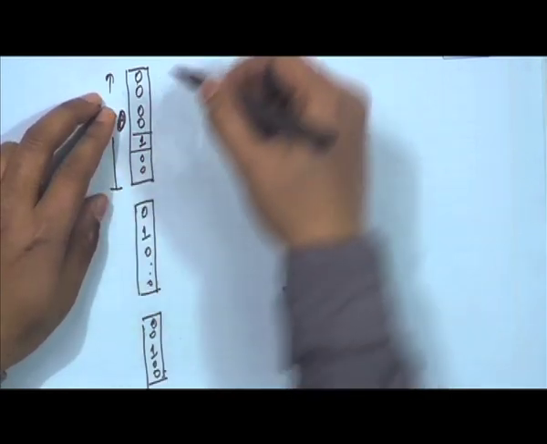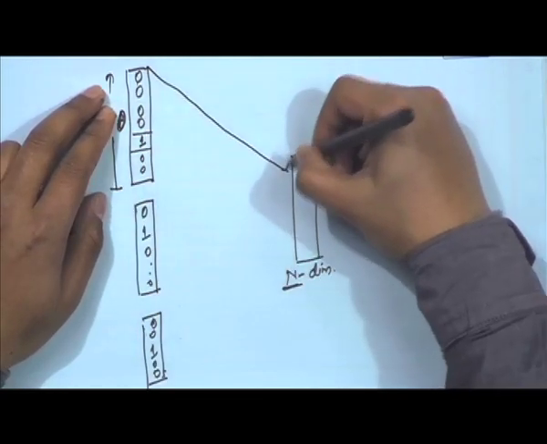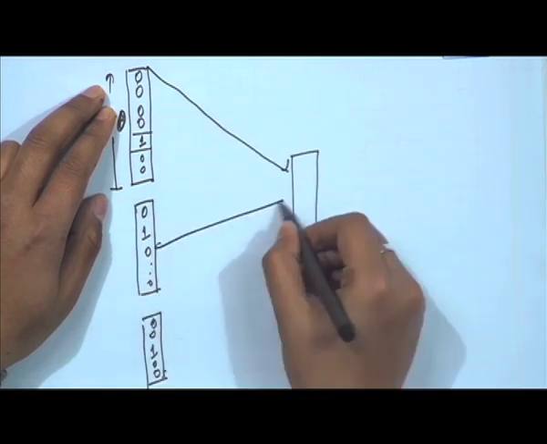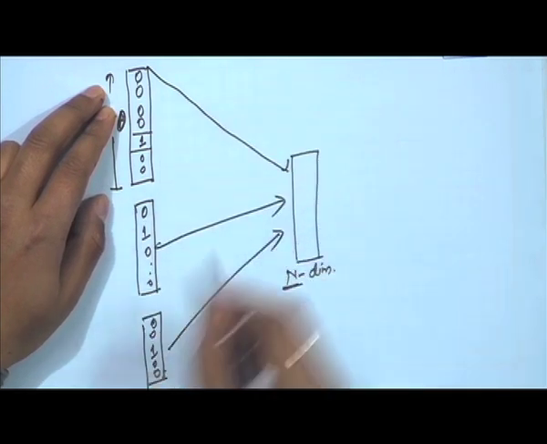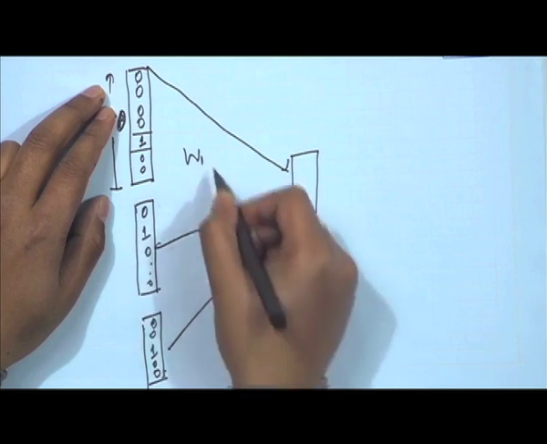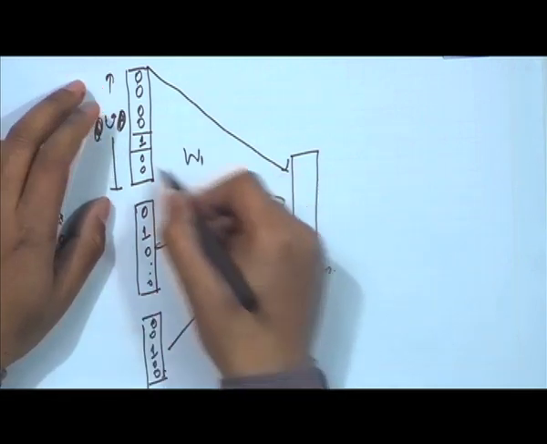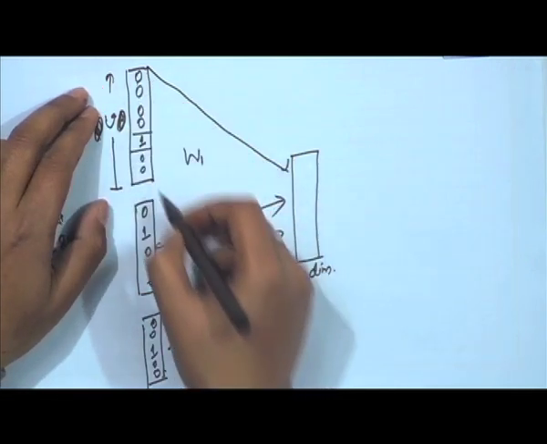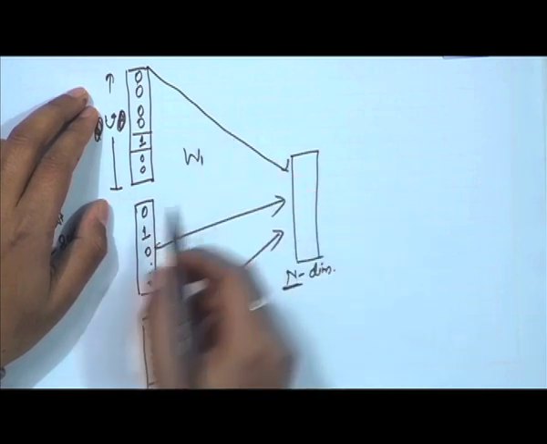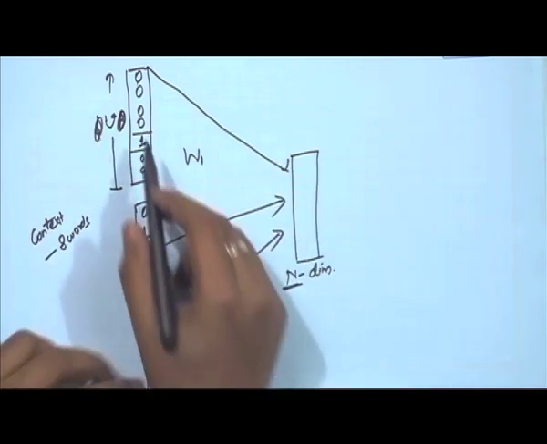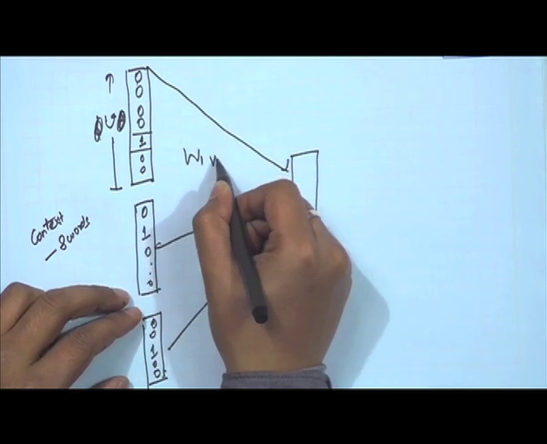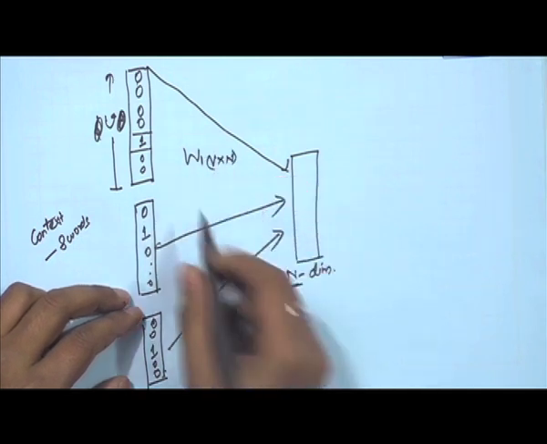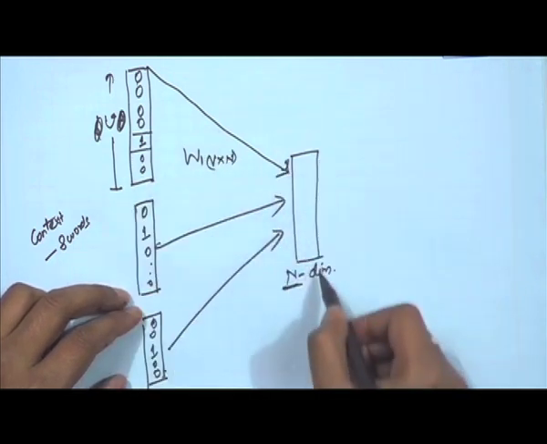So I will have a weight matrix, let us say W1, of dimension V cross n. The input is 1 cross V, so that the final representation is n dimensional.